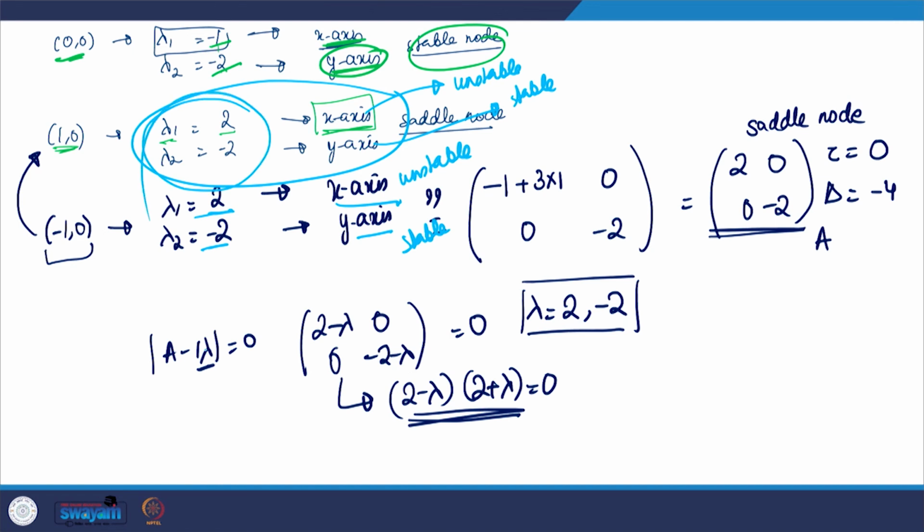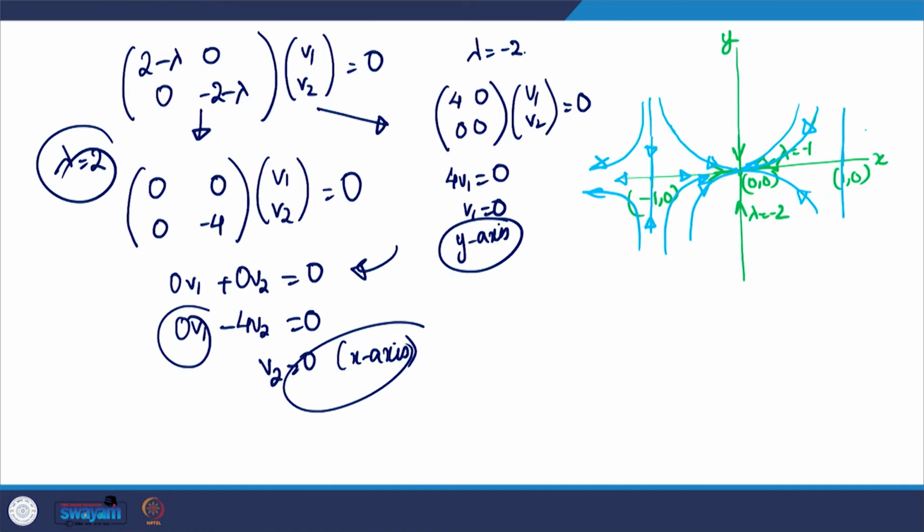If the eigenvalue is positive, then the growth in that direction would be exponentially away from the fixed point. If it is negative, then there would be an exponential decay towards the fixed point. So we see a very similar behavior, unstable in the direction of the x-axis, stable in the direction of the y-axis. So this ends up being our phase portrait.